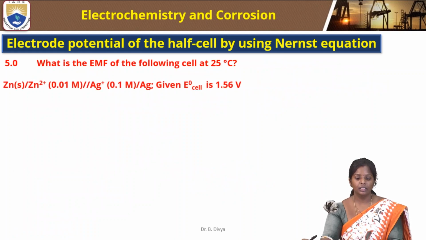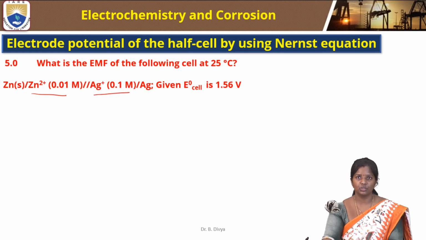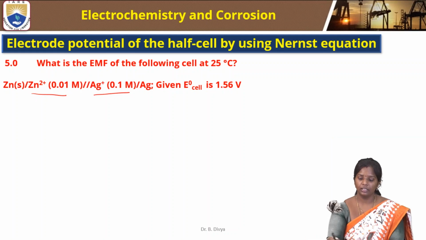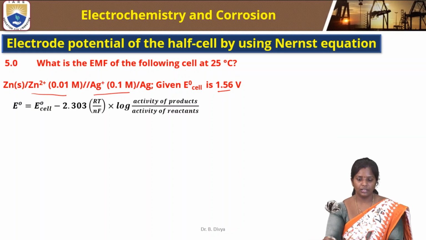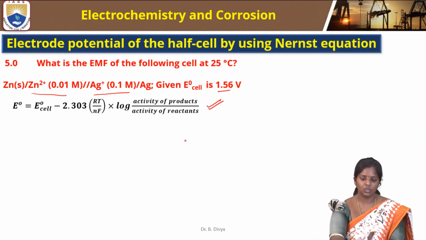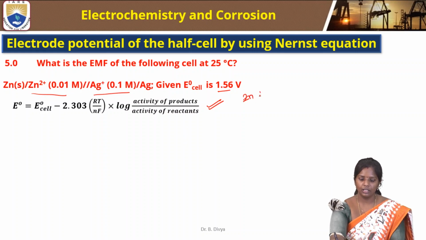So next one: what is the EMF of the following cell at 25 degrees centigrade? They have mentioned 25 degrees centigrade, and the zinc rod is dipped in zinc ion solution and silver in the silver solution. These two are combined together, and E0 cell is given as plus 1.56 volt. So this equation can be used wherein concentrations are given. Zinc is 0.01 molar and silver is 0.1 molar.